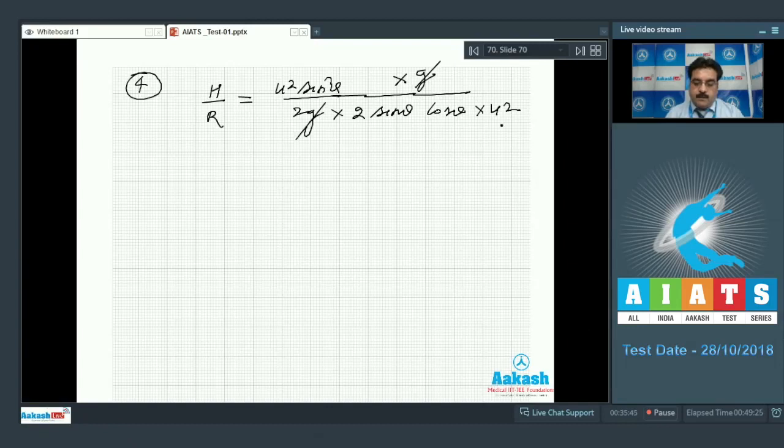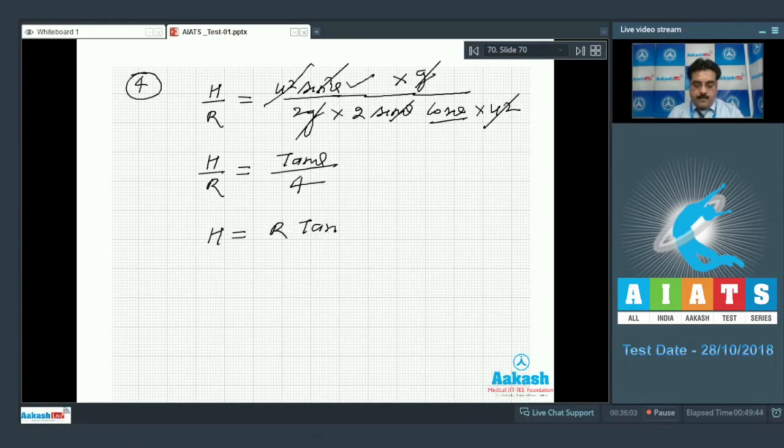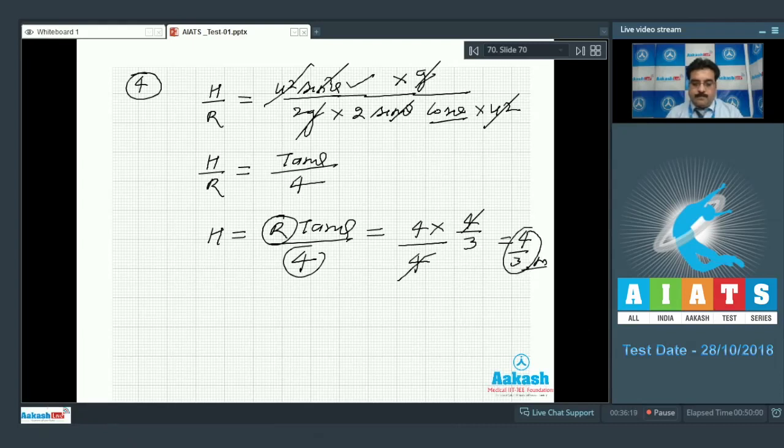So g, u square, and sine will cancel out, and I have only h upon r equal to sine theta, and this over cos theta will convert into tan theta divided by 4. But I am looking only for height, so we'll write r tan theta by 4. The value of horizontal range is 4 and the value of tan theta is 4 by 3. Divide by 4. 4 will cancel out. So I have maximum height is 4 by 3 meter. So this is the maximum height.